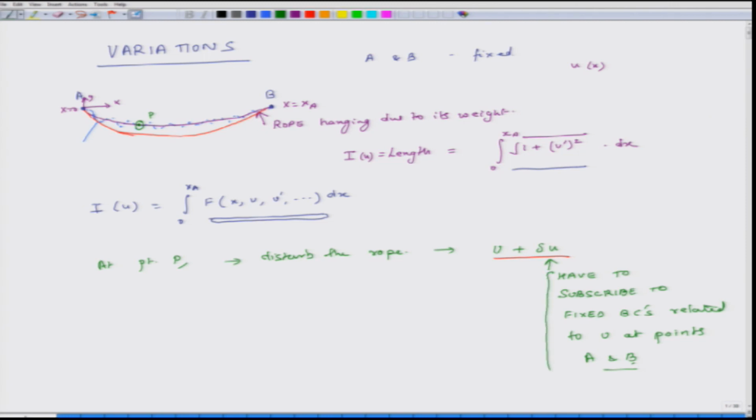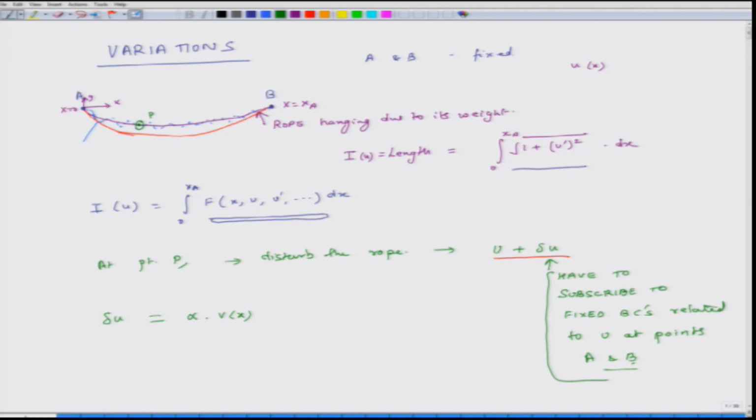So, this is important to understand. So, I say that delta u represents the variation, and I can express this delta u as some constant number alpha times a function of x, which is V of x.